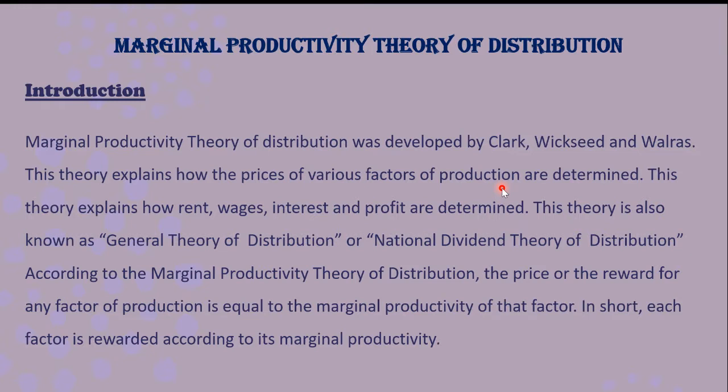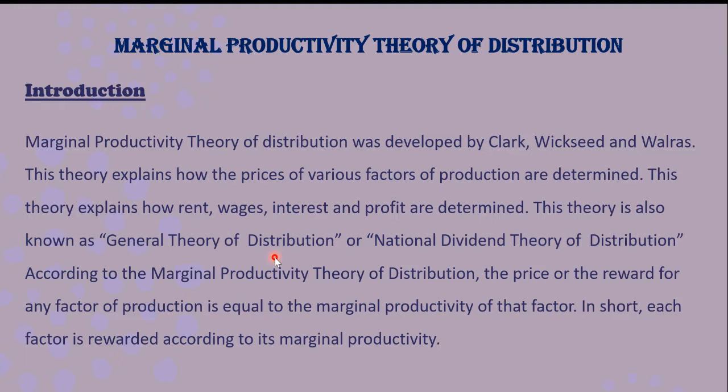So this theory explains how the prices of various factors of production are determined. This theory explains how rent, wages, interest and profit are determined. This theory is also known as the general theory of distribution. Why is it called the general theory?